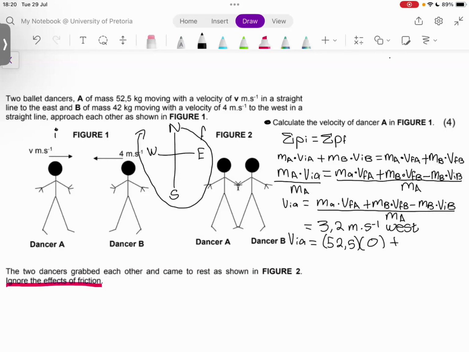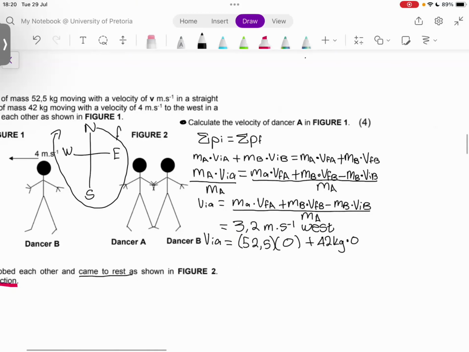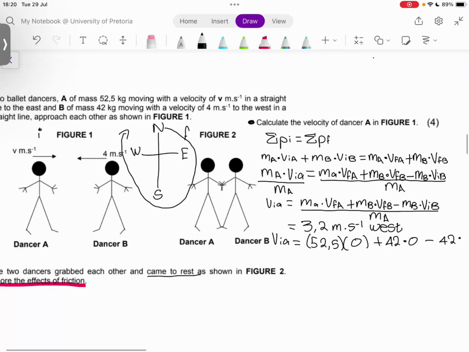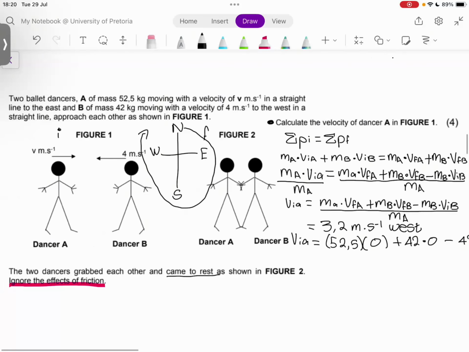Let me just check what's going on, because people are saying I should substitute in the values. In place of the mass of B, I'm going to write 42 kilograms multiplied by 0 because they came to rest. And all of this is going to be subtracted by the mass of B, which is 42. I'm just going to clean this up a bit. Multiplied by, in our case, west is negative.